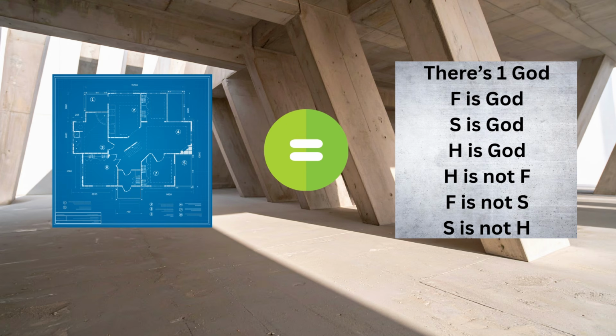And now we're at the blueprint, right? We wouldn't be doing this if there wasn't a blueprint. And the blueprint in this analogy is the set of statements you're trying to model. So in the Trinity analogy here, we're trying to model statements like there is one God, there are three persons, the three persons are the one God, the three persons are co-equal, and so on and so forth.